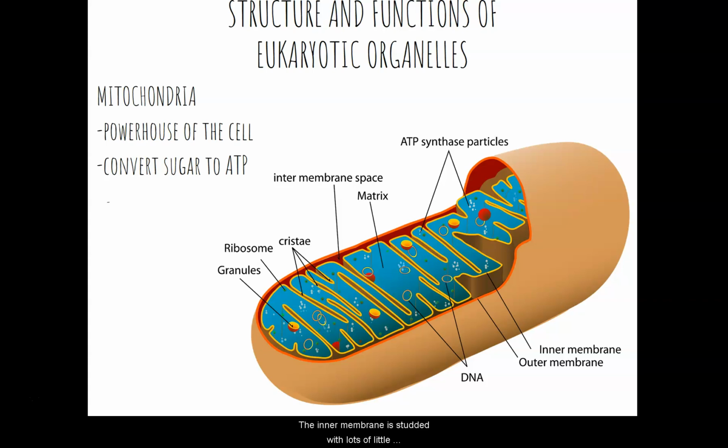The inner membrane is studded with lots of little proteins that are involved in the use of oxygen to make water, and the byproduct of that process is the production of ATP. We'll get into more detail on that later this semester as well.